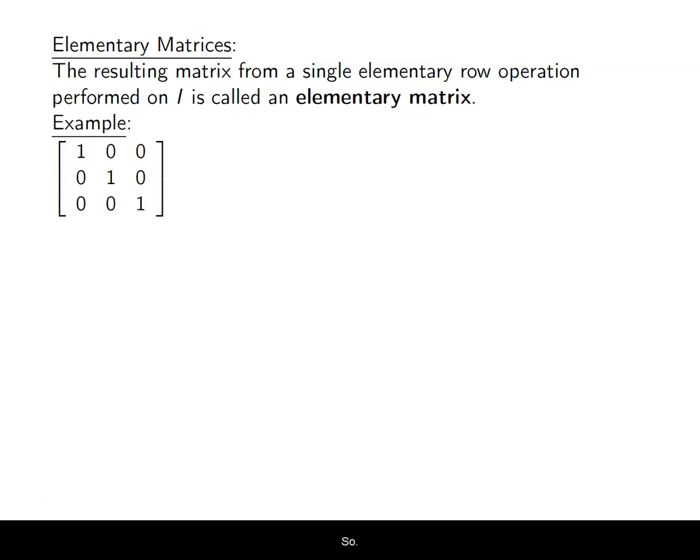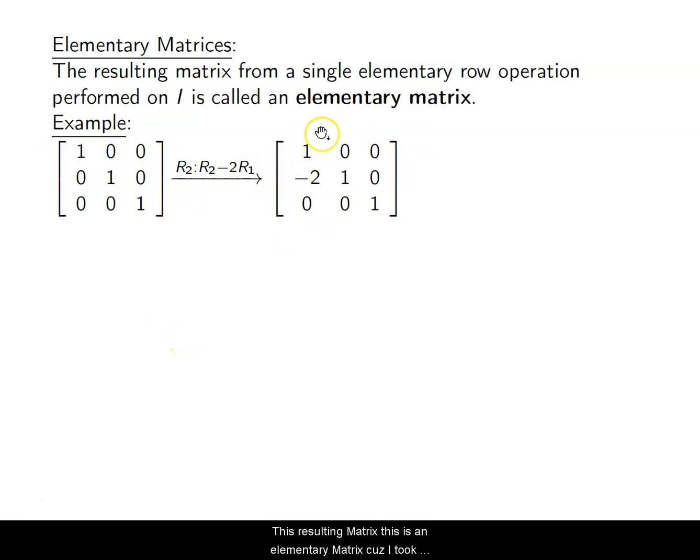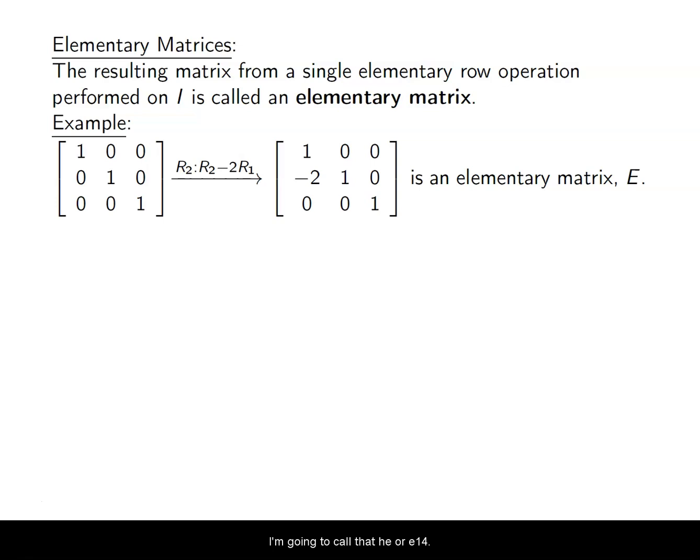Okay, so let's say I take R2 and I subtract from it -2 R1. Then what I get is this resulting matrix. This is an elementary matrix because I took the identity and I did one single row operation to it. So I'm going to call that E or E1 or what have you.